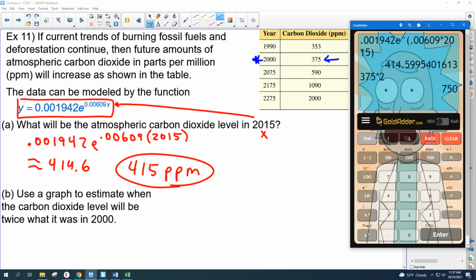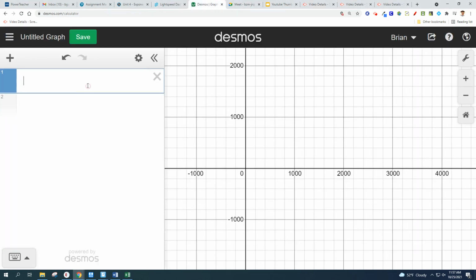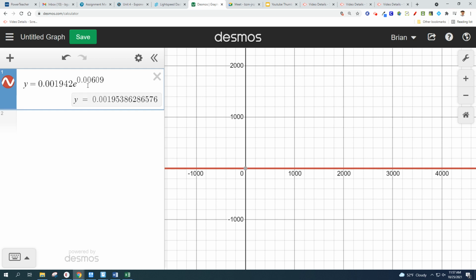Okay. So let's look at a graph. I'm going to go to Desmos. And let's type in that equation. Okay.